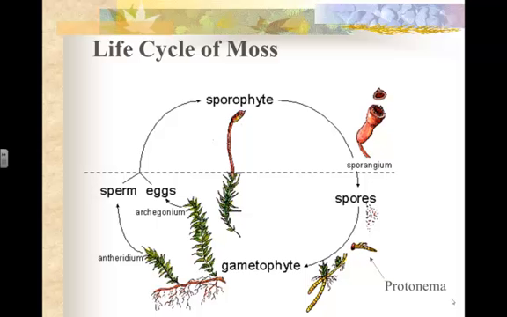And out of that could develop several plants, as you see, all connected. And then it will grow into either a male or a female moss plant. If it's a male moss plant, it's going to have an antheridium at the top of it. If it's a female, it's going to have the archegonium. And that's the life cycle of a moss plant.